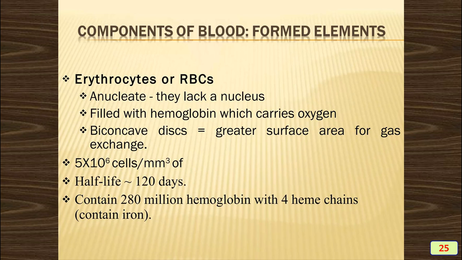So erythrocytes are without any nucleus, whereas they are filled with hemoglobin, which carries oxygen. They are biconcave discs, so there is greater surface area for gas exchange, and there are 5 into 10 raised to 6 cells per cubic millimeter.